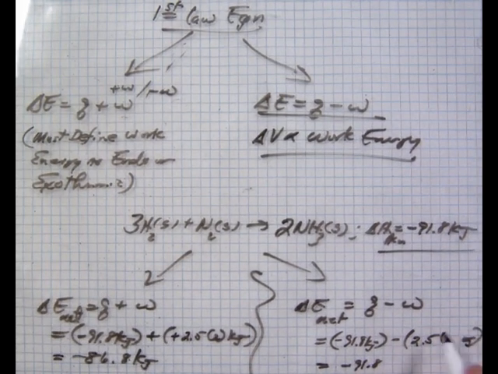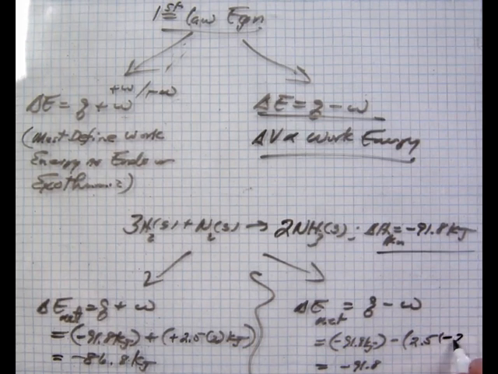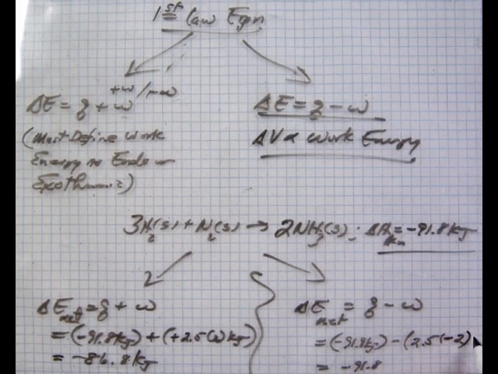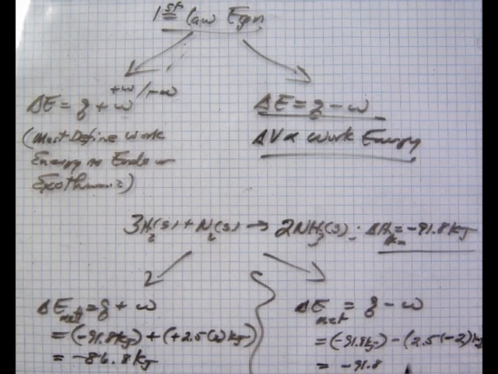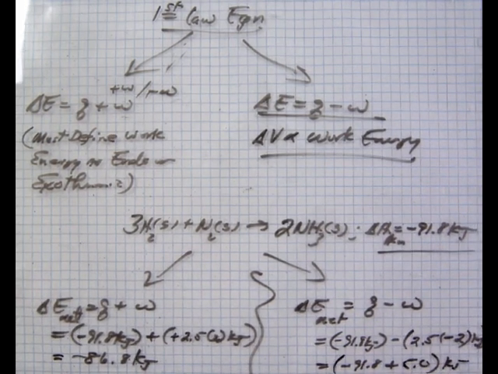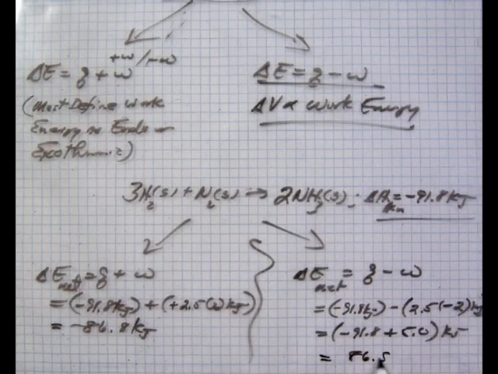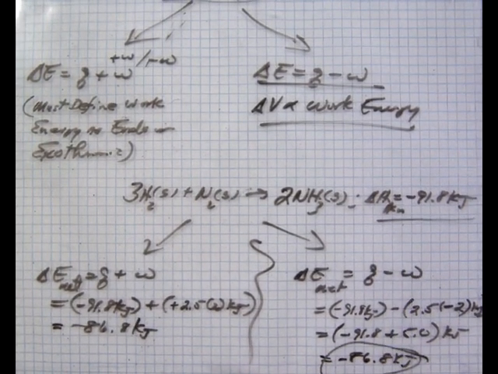It's a decrease, I'm sorry, 2.5 times a decrease of minus 2 molar volumes. That's where you get your negative, put into kilojoules. So that's a negative, positive, 2 times 2.5 is 5.0. It all comes out in kilojoules, and this comes out 86.8 kilojoules also.